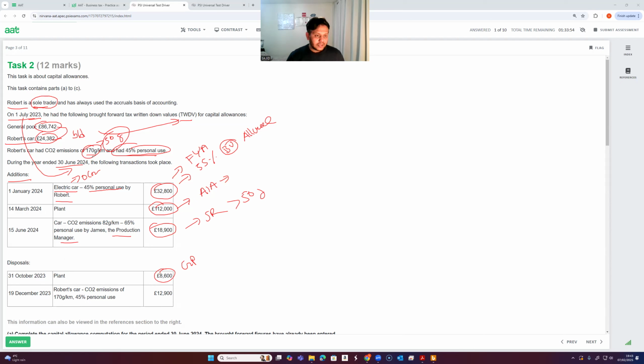So that means this one is sold here, not the electric car. So we need to remove this one, 24,382, and we have to minus 12,900, and that will give us the balancing charge. Because if we dispose the asset, it is no more. So this is the story a little bit, we understand it.